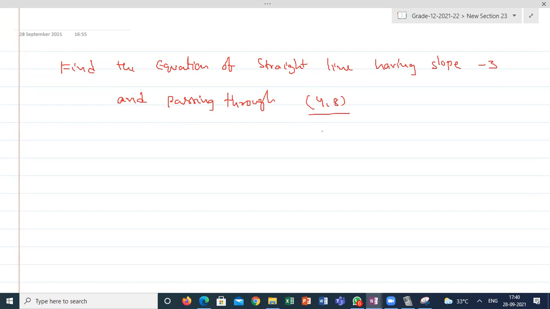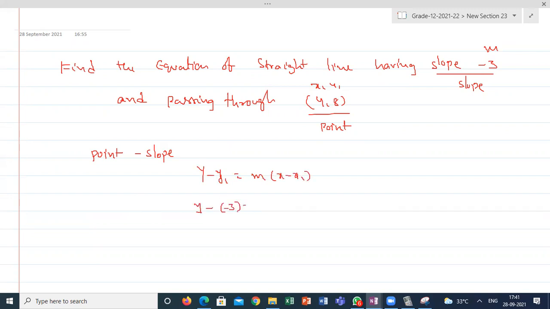They gave the point, they gave the slope. We have to remember point and slope form. That means they gave this is x1, y1, this is m. If point and slope is given, then the equation of line is y minus y1 is equal to m into x minus x1.